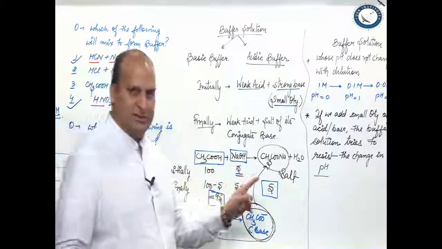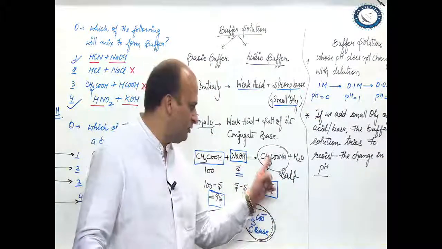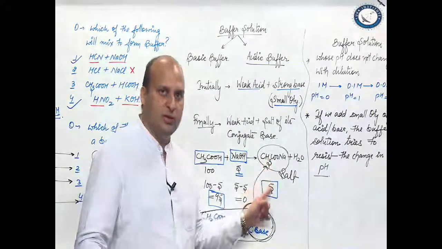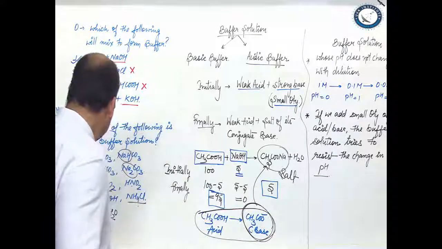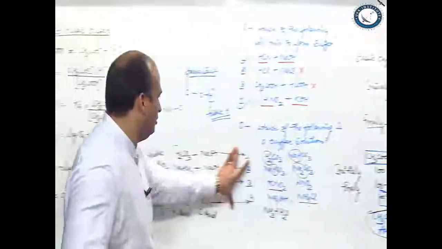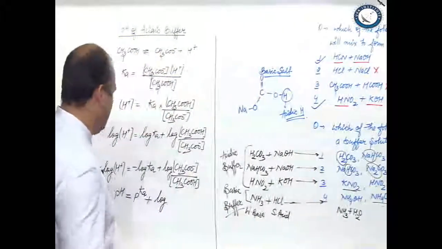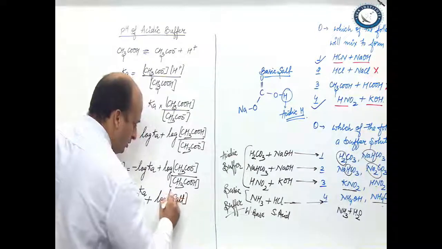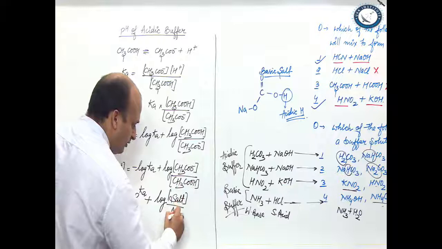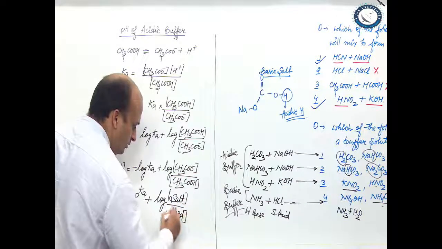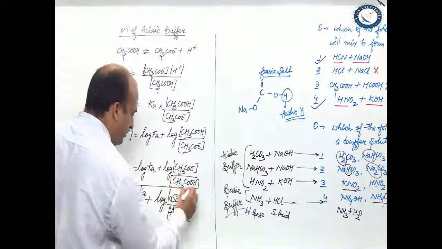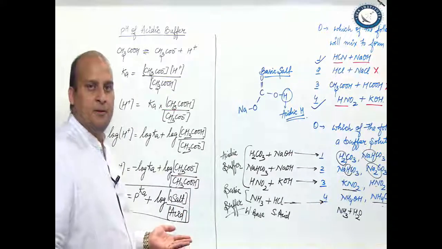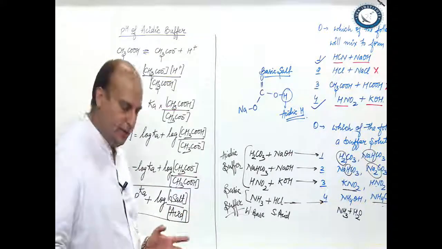So the acetate ion concentration will be the concentration of the salt, right? So this will be log concentration of the salt, and this is the concentration of acid. This is the expression of pH of an acidic buffer.